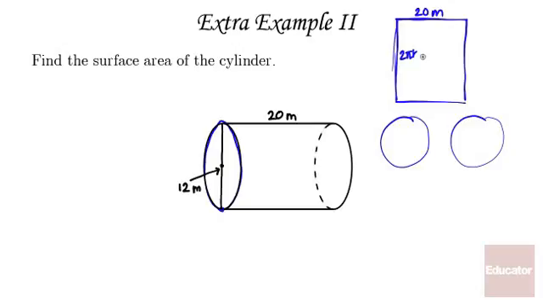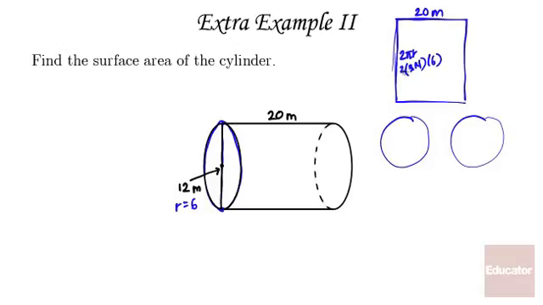Now 2 pi is 3.14, and r, my radius, is not given. I have my diameter instead. So the diameter, remember, is from here all the way to here is 12. My radius is half of that, so then r is 6. So it's times 6.